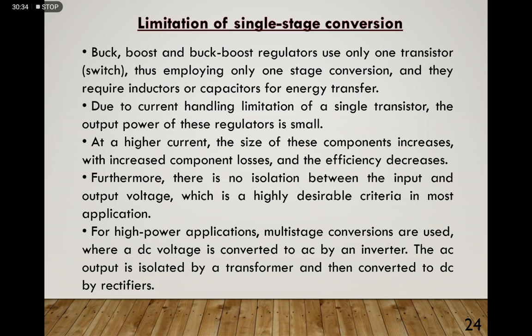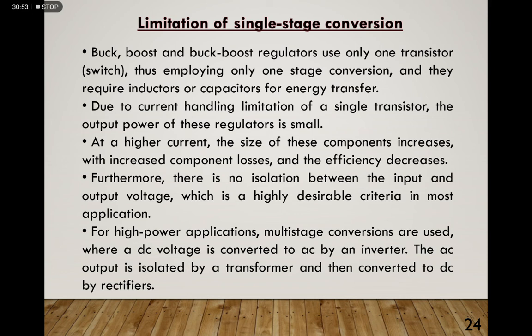So buck, boost and buck-boost are considered single stage conversion. Okay, what is the limitation of single stage conversion? So actually, what is the limitation of buck, boost and buck-boost converters?